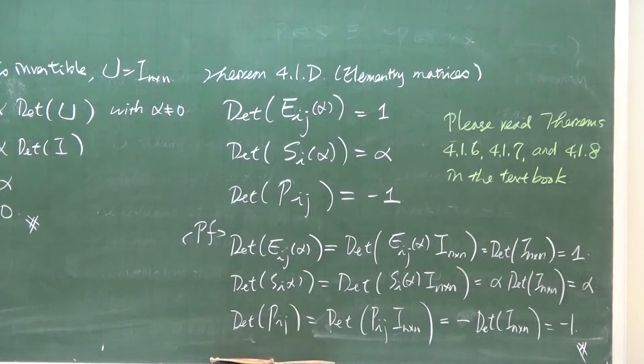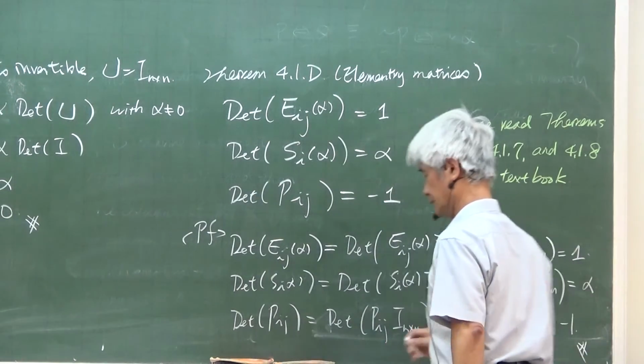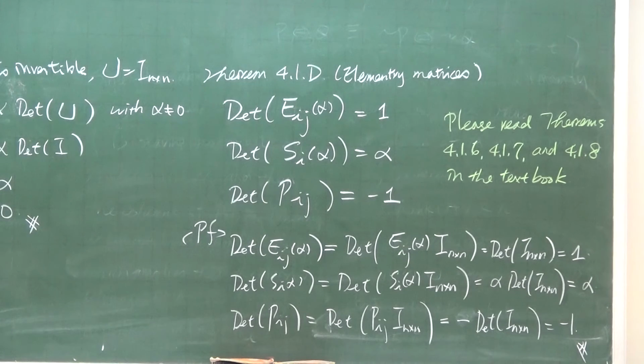Okay, so I move forward to the second section on the determinant function. Remember, up to now, we haven't proved the existence and uniqueness of the determinant function yet, right? Not yet. We just proved a lot of consequences if we have three axioms on the determinant function.